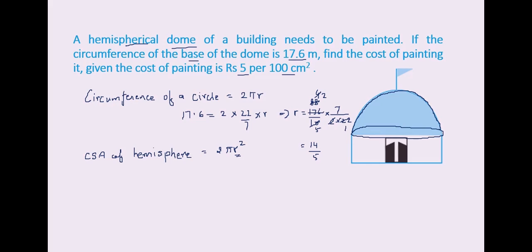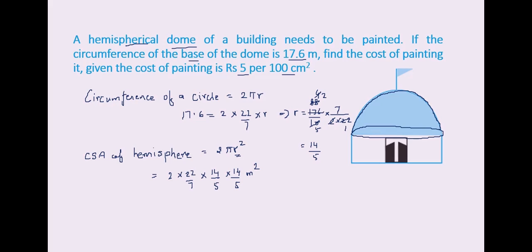So let us put in the formula. So 2 into 22 by 7 into 14 upon 5 into 14 upon 5 meter square. You can see the sum is in meter, so it is meter square. Now the cost is how much?